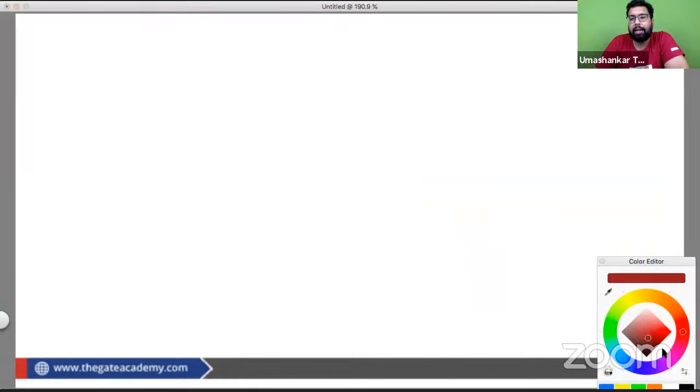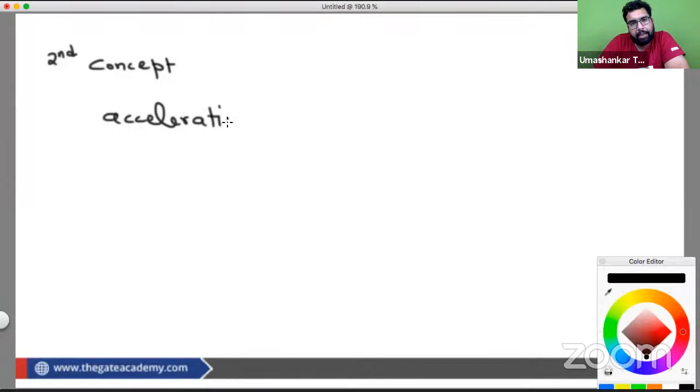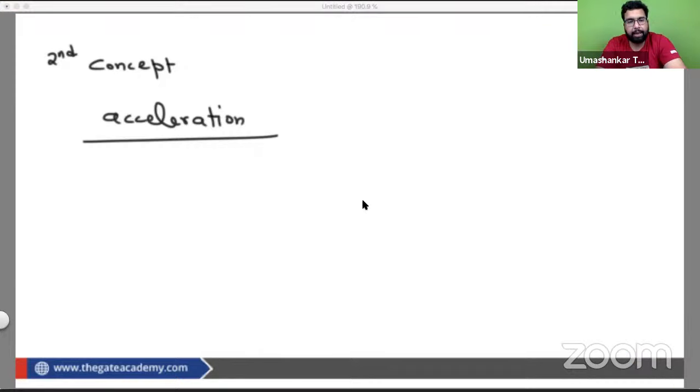Now the next thing they are asking you in this second concept is the acceleration. Now please tell me guys, is acceleration a vector or not? Similar to velocity, acceleration is also a vector, right? Agreed?